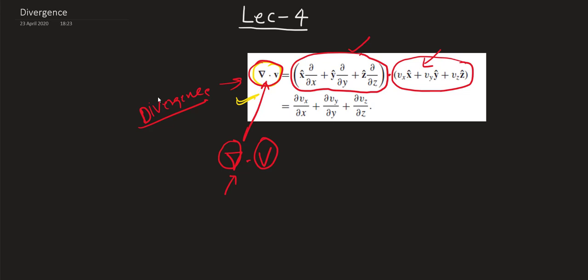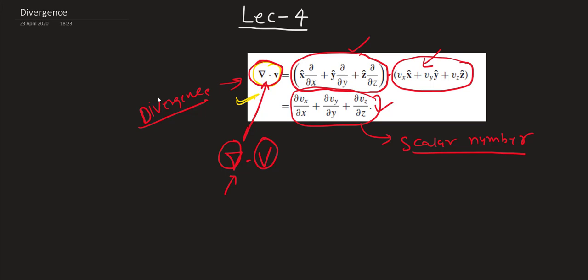Now this is fine. Mathematically, you can take the divergence of any vector function, and in the result you will get a scalar number. In the gradient we saw we were operating upon a scalar function and getting a vector as the result, but now it is kind of the reverse situation.